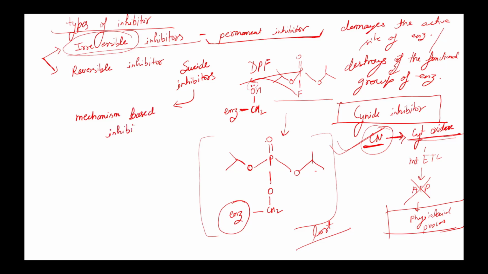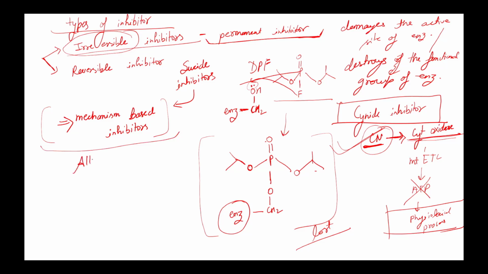These inhibitors utilize the machinery of the enzyme's own mechanism to convert the substrate into product. So they bind to the enzyme, convert the inhibitor into a more active or toxic inhibitor that completely destroys the enzyme and lets the enzyme suicide, leaving it non-functional. So that is why it is called a suicide inhibitor.